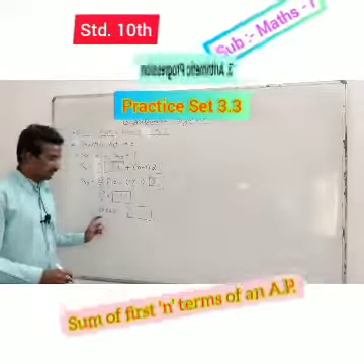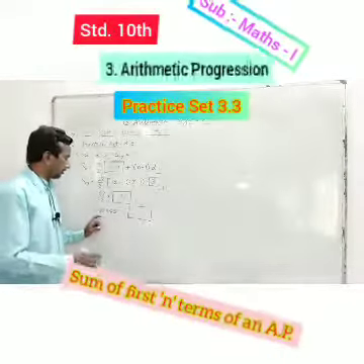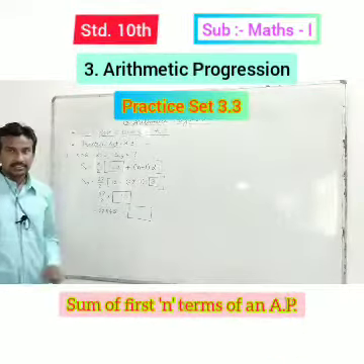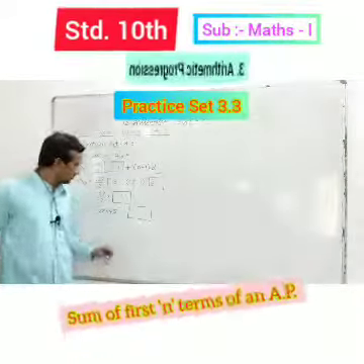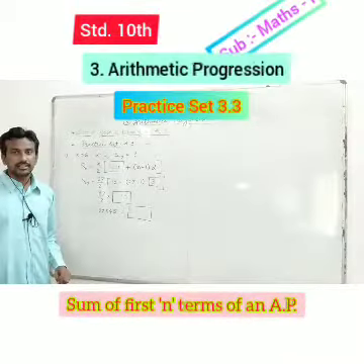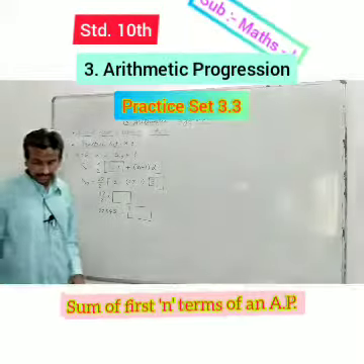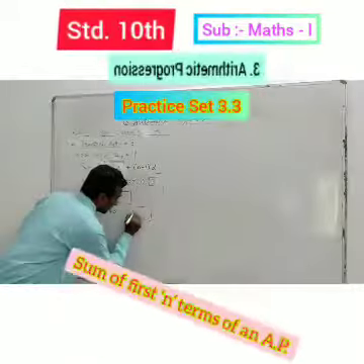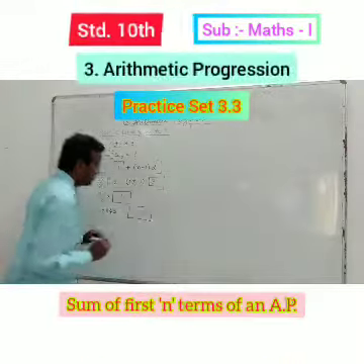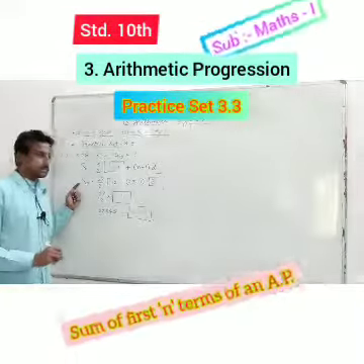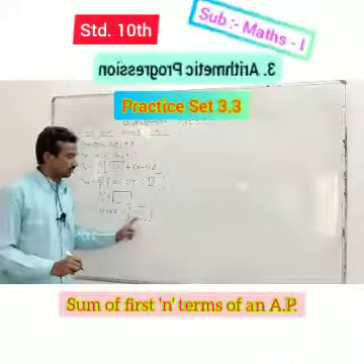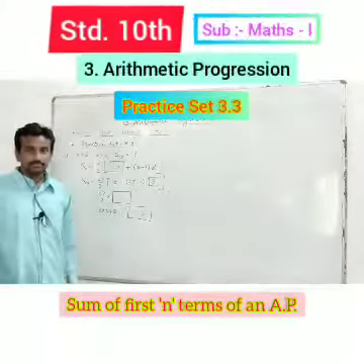Multiply these two numbers, then we get 1215. Therefore the value of S27 is 1215. Okay.